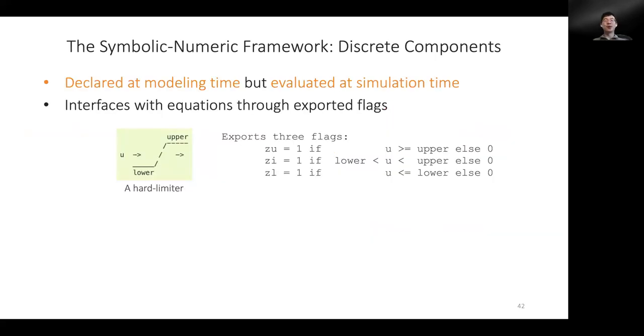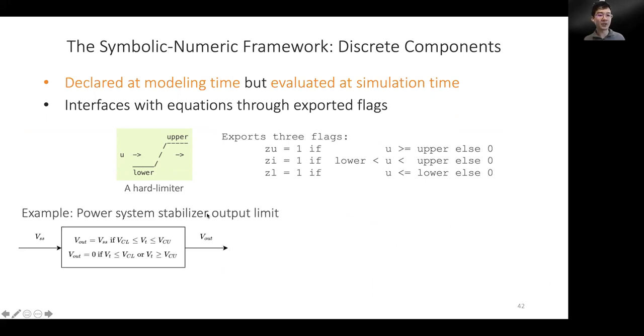The discrete components here are the discontinuities and they can be non-trivial to implement. They are declared at modeling time, but evaluated at simulation time. So for example, this is a hard limiter, which takes an input and those lower and upper bounds. It exports three flags to indicate whether it's at the upper limit, within the limit, or at the lower limit.